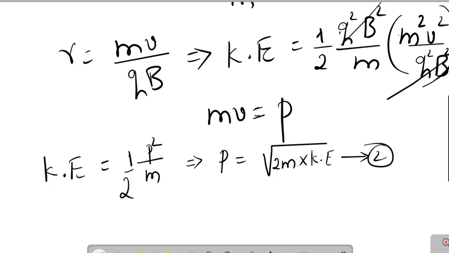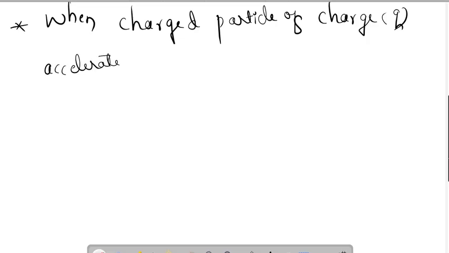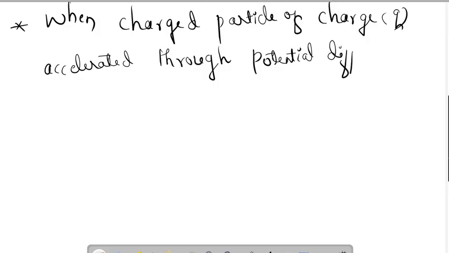Now suppose there are some cases when a charged particle of charge q is accelerated through some kind of potential difference V. So we will get kinetic energy is equal to qV, where V is the potential difference.